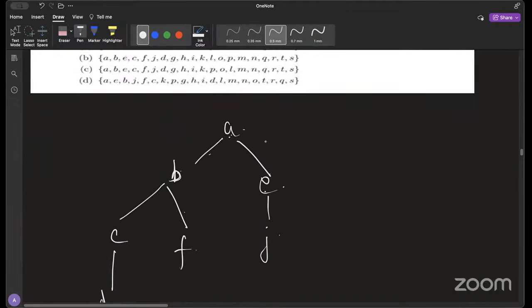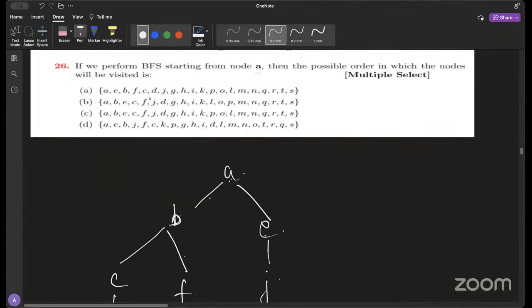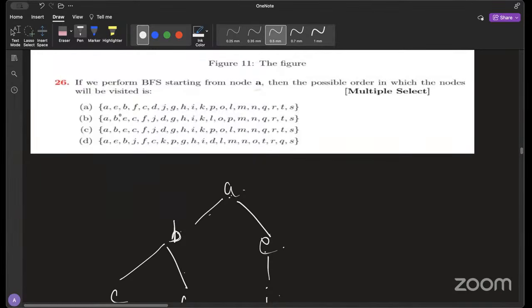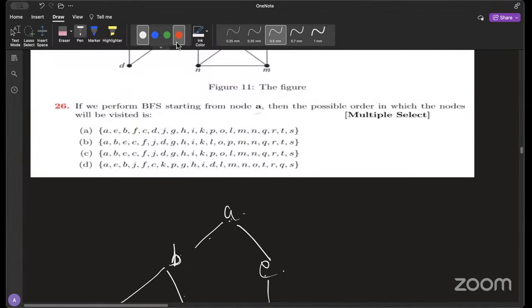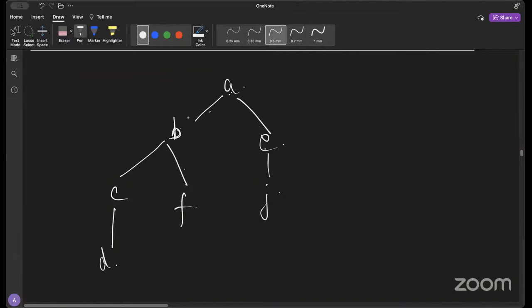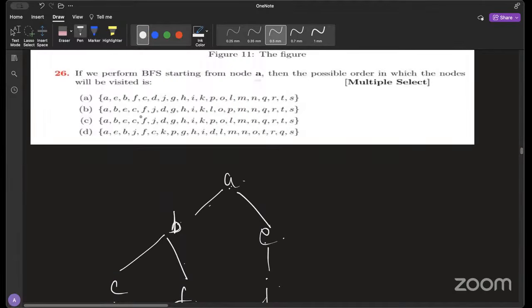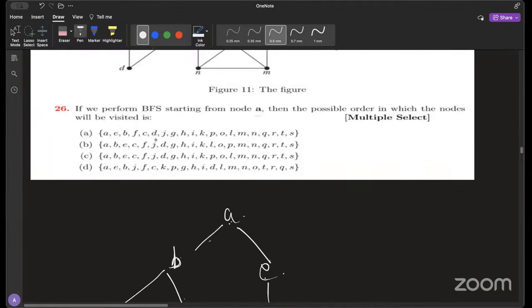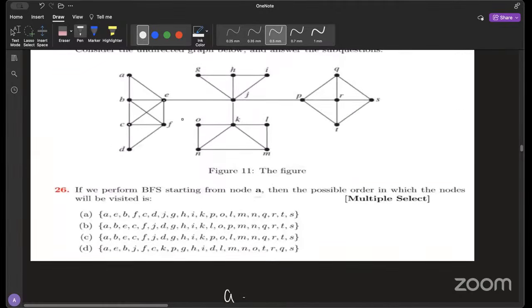You might have some options which do not get disqualified from here, maybe all of them. So it's better to just get done with the tree first and then come to the options. If something is getting disqualified from here, you obviously can rule out those options, but let's first get done with the tree. That's an easier approach.